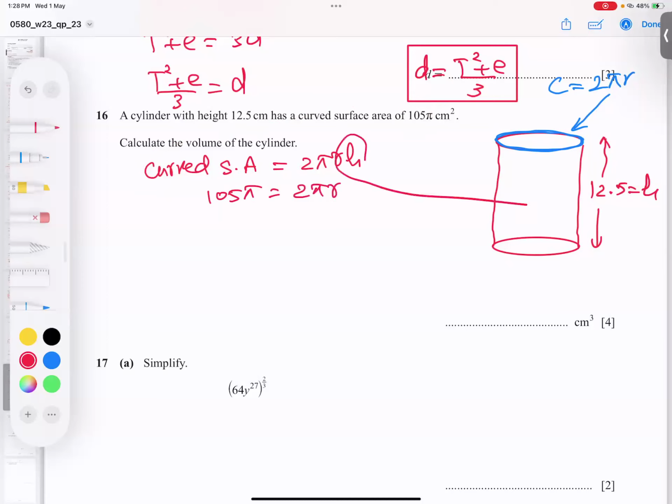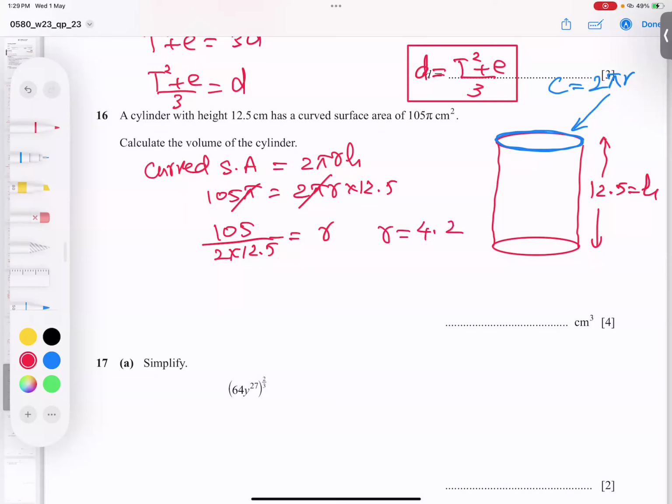And our h is what? 12.5. Now I will divide, pi cancels, and I can bring 105, which is already there, over 2, and 12.5 will go down like this. And the radius will stay here behind. Okay, now if I type in the calculator, I will get my answer. 105 divided by 2 into 12.5 is giving me 4.2.